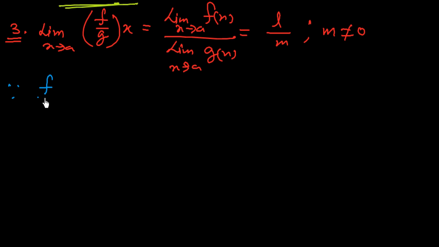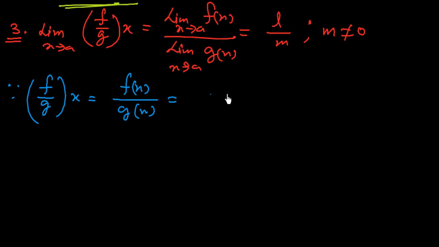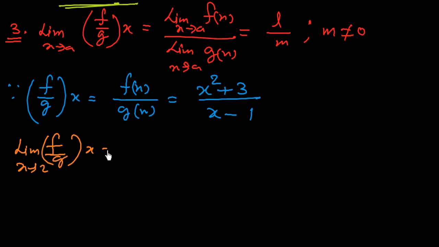So we find out the f over g of x, because f over g of x is equal to f of x over g of x, and f of x we have x square plus 3 over x minus 1. So now we find the limit for this. Limit x tends to 2 for f over g of x is equal to limit x tends to 2 of x square plus 3 over x minus 1.